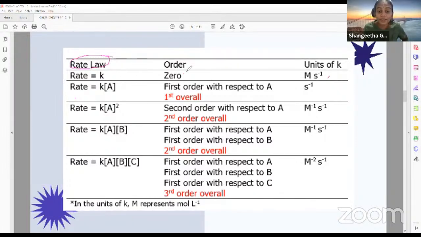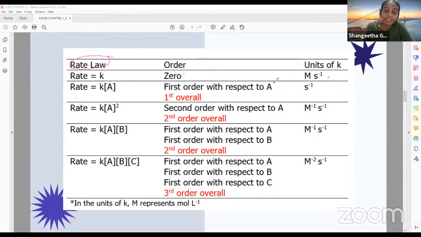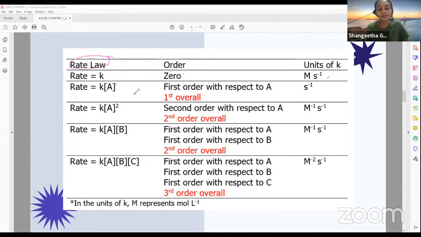Now, what happens if it is first order with respect to A? That means the exponent here is 1, and a power of 1 you don't need to write.